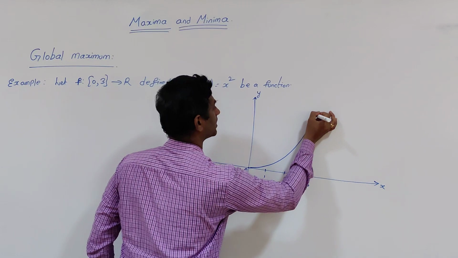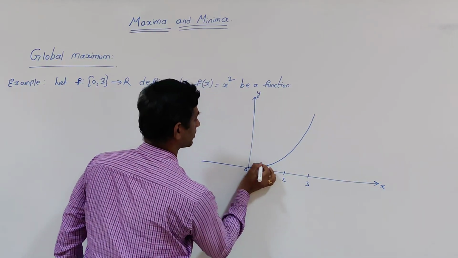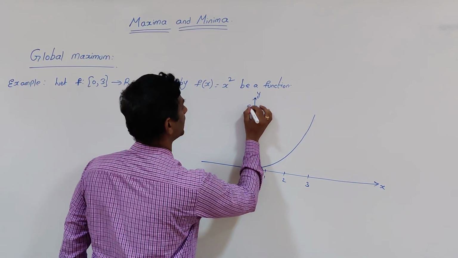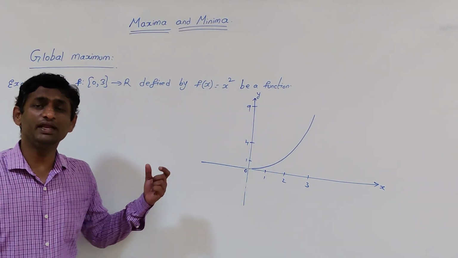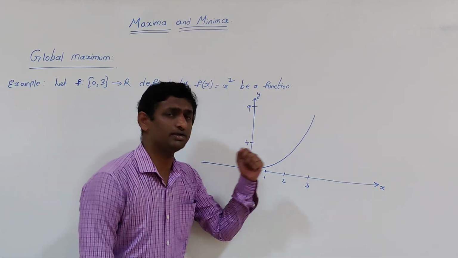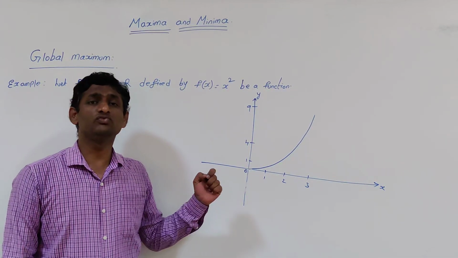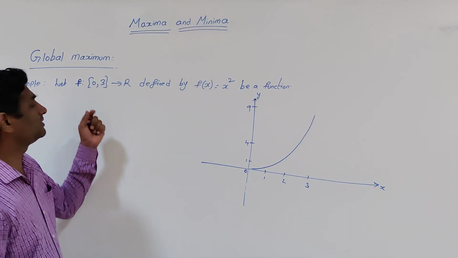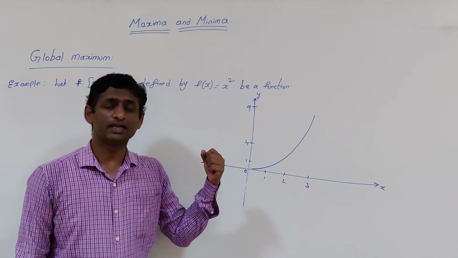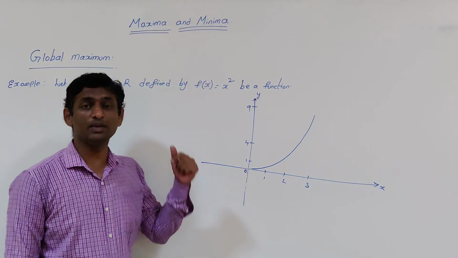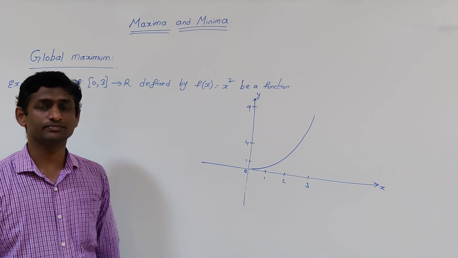This will be a parabola, with values 1, 4 and 9. How many values exist between 0 and 3? There are infinitely many, because the closed interval [0, 3] is the set of all real numbers between 0 and 3, including the endpoints.